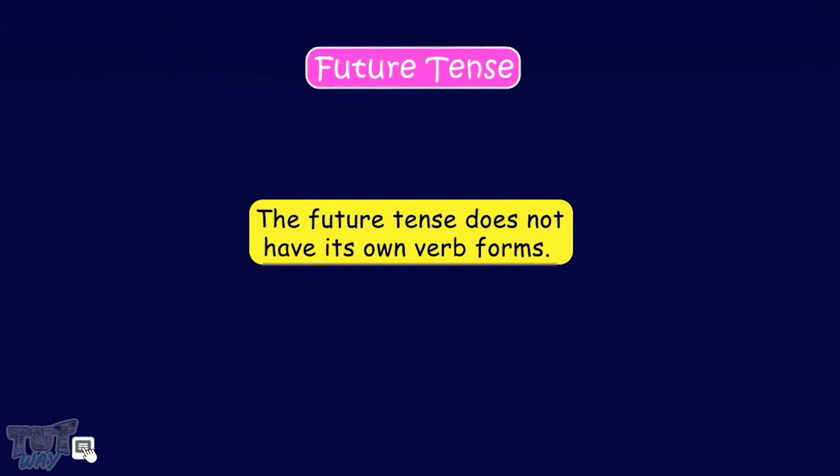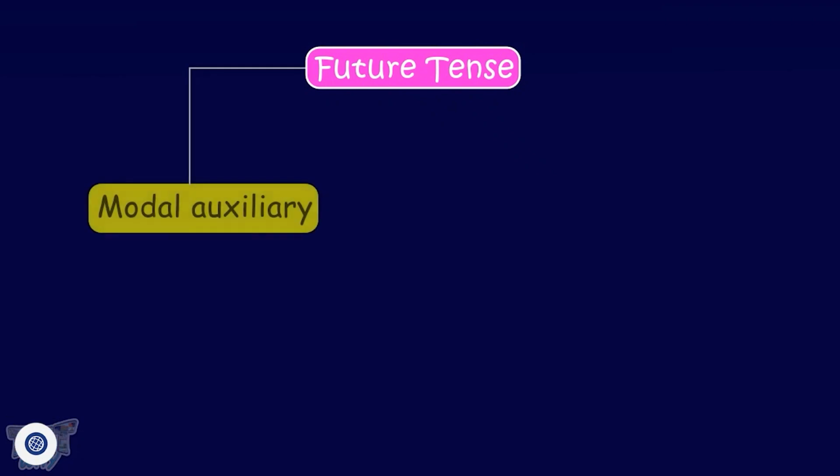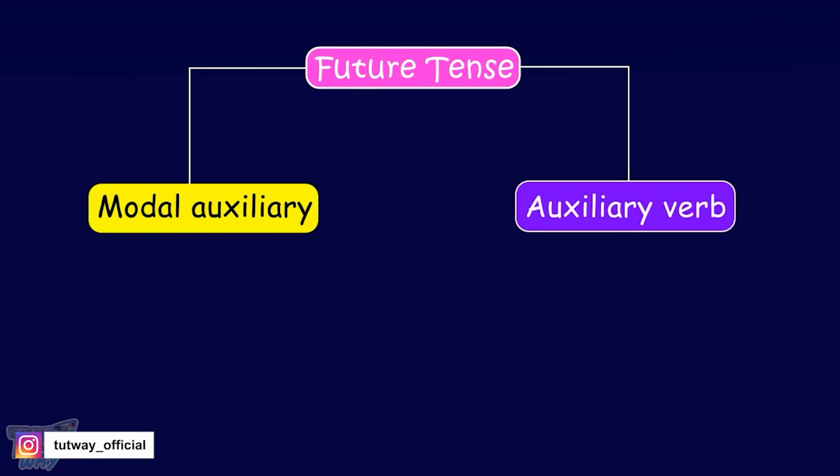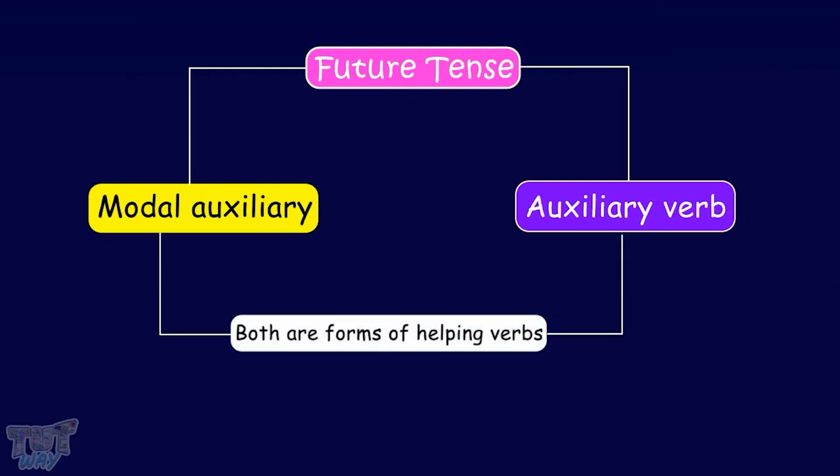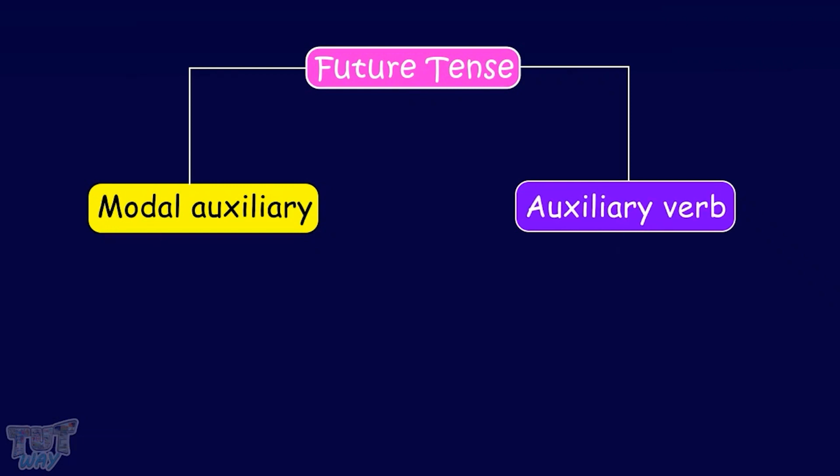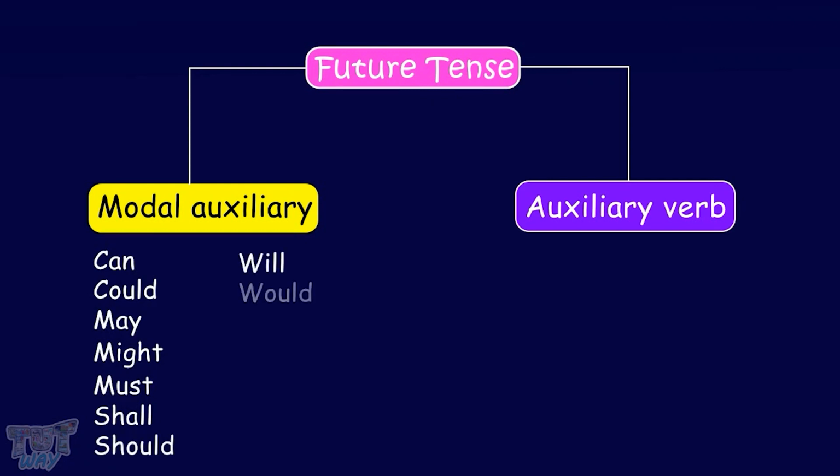But the future tense does not have its own verb forms. So, in order to create a future tense, we use modal auxiliaries and auxiliary verbs. Modal auxiliaries and auxiliary verbs both are forms of helping verbs, where modal auxiliaries are can, could, may, might, must, shall, should, will, would.